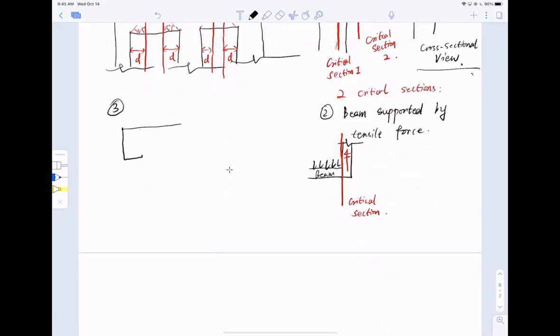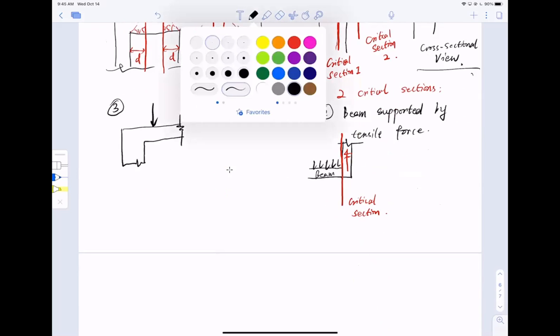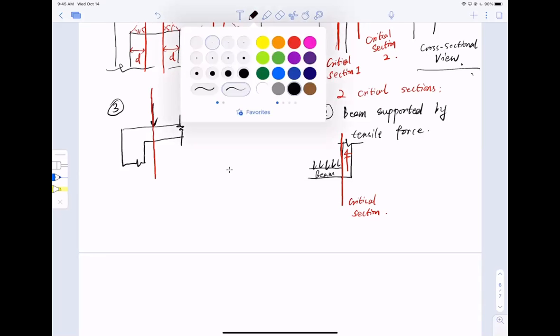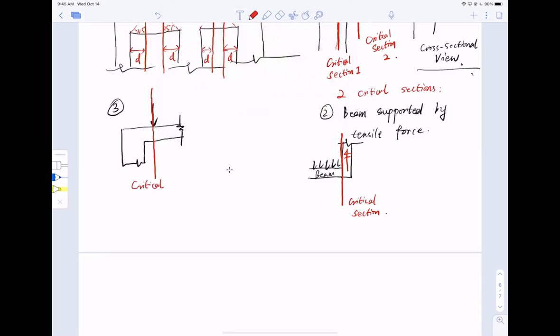If I have a beam condition like this, and this is the cut, and this is cut as well, and if I have a concentrated force right here, then besides the critical section we just described, you need to add one right at the location of the concentrated force. So this is also the critical section. Let me write this down. This is the concentrated force case.